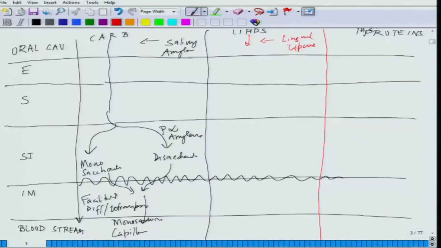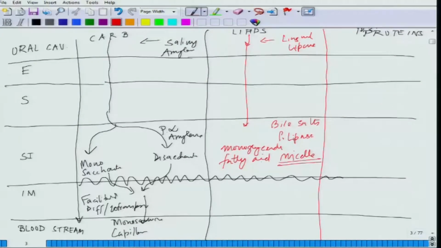From there it moves into the small intestine, where the bile salts play a key role in emulsifying, and along with pancreatic lipase, these two play a very critical role in forming monoglyceride and fatty acid micelles.